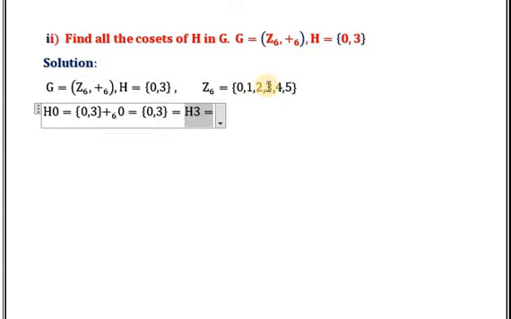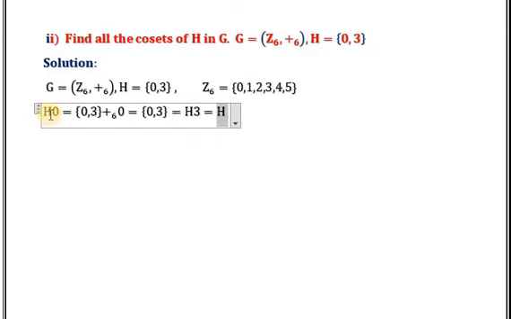I am operating with H3 because these two sets will be the same. That's why instead of operating with 1 and 2 first, I have taken 3. So H3 is equal to H. Why? Because H3 means 3 plus 0, which is 3. Then 3 plus 3 is 6. Whenever we get 6 in Z6 under plus 6, it is taken as 0. So H3 is also equal to {0, 3}.